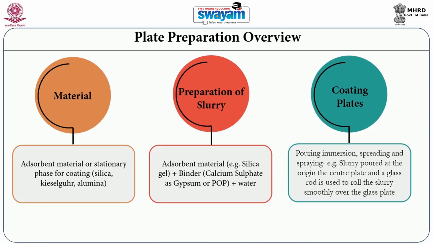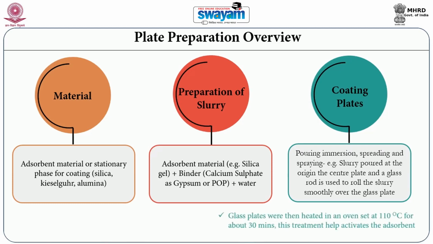This also tells you why the commercially available plates may be convenient and a more standardized way of using a TLC plate. Then these glass plates are heated in an oven at high temperatures to activate the adsorbent.